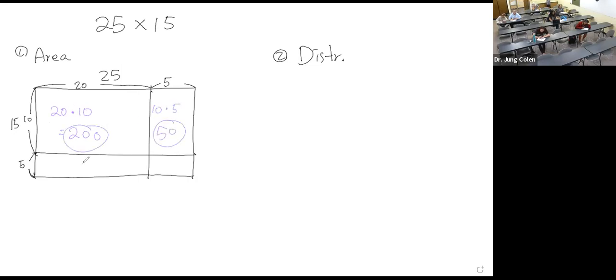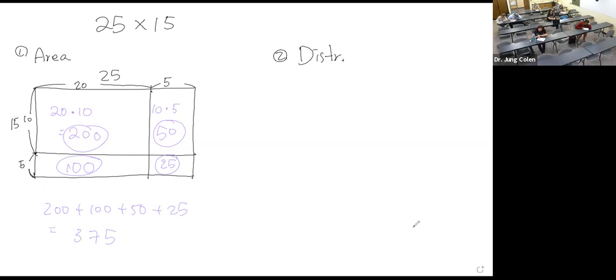How about here? 5 times 20. If it's 5 times 2, it's gonna be 10, but we have the tens place, so put another 0, 100. 5 times 5, 25. So the final product should be 200 plus 100 plus 50 plus 25. So what is it? 375? So you can do it that way.